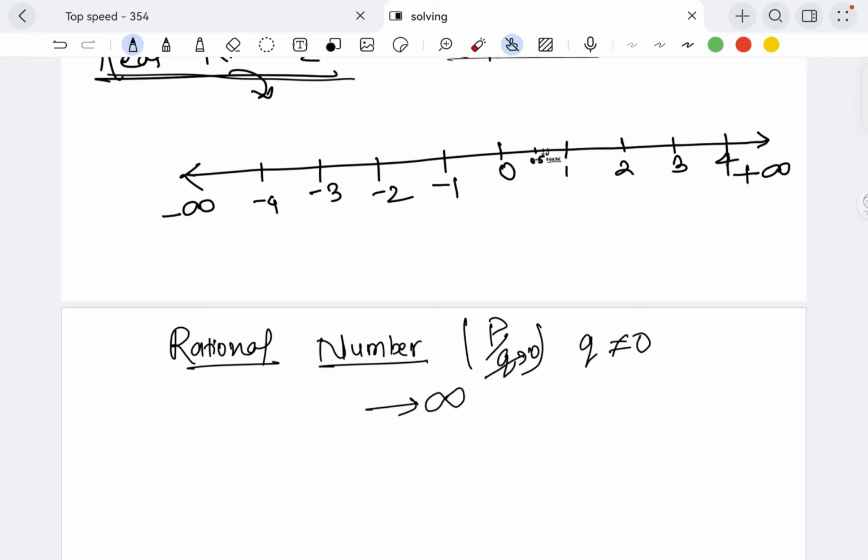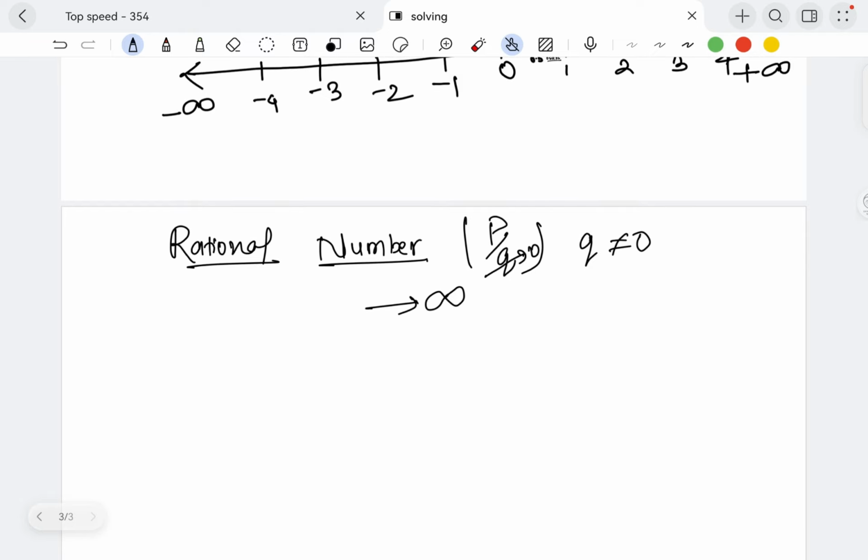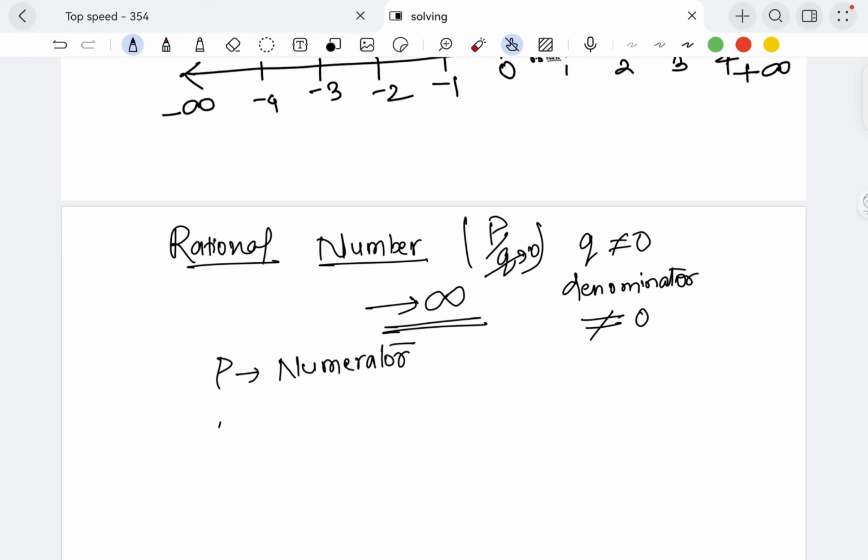I'll tell you why it converts to infinity in another video lecture. But q cannot be 0. That means the denominator should not be 0. So p is the numerator and q is the denominator.